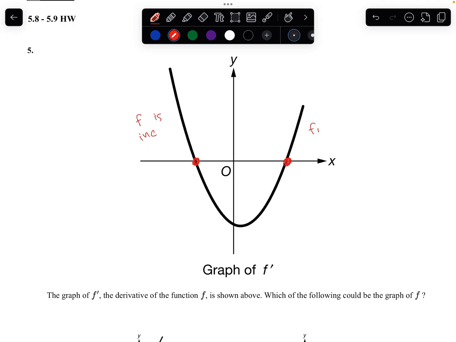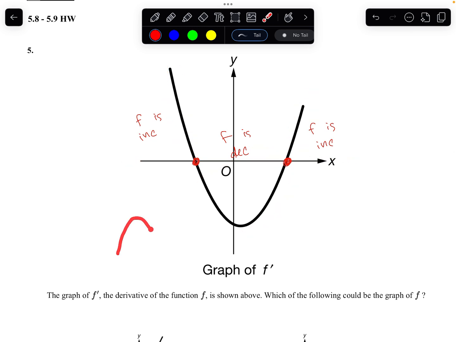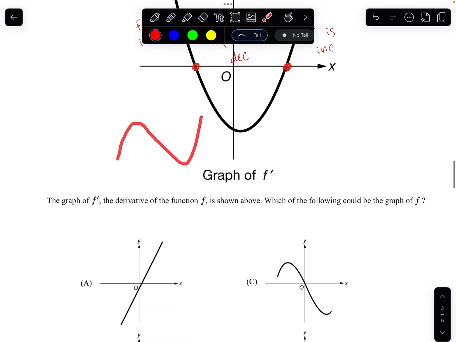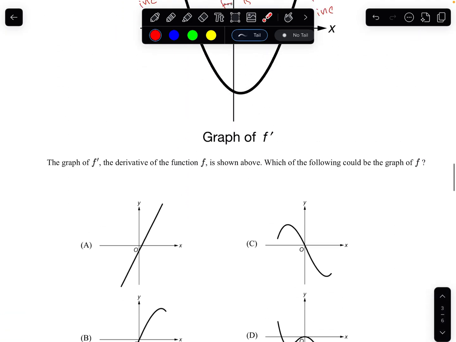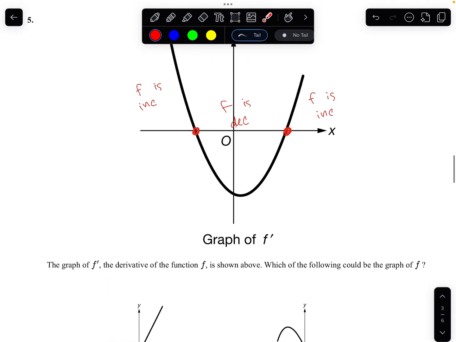So f is increasing. F is decreasing in between here, and f is increasing, because f prime is positive, f prime is positive, f prime is negative. So we need to look for a graph where it's increasing, decreasing, increasing. So this is decreasing, increasing, decreasing.